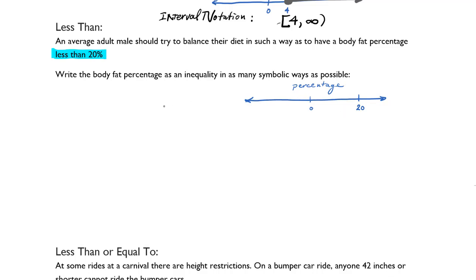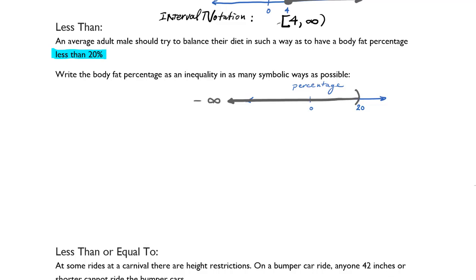And then it says less than, which means I could open a parenthesis to the left, and anything less than would be correct. Now, it doesn't make sense to have a negative body fat percentage, but in this statement, let's just keep it simple, less than 20%.